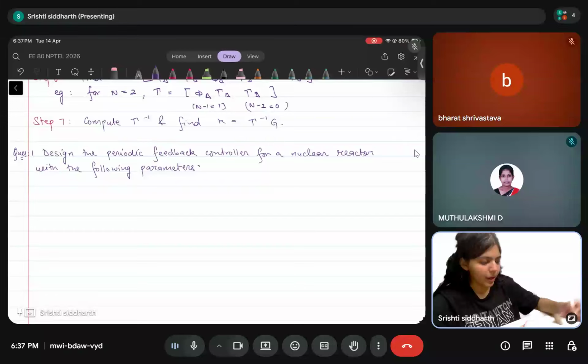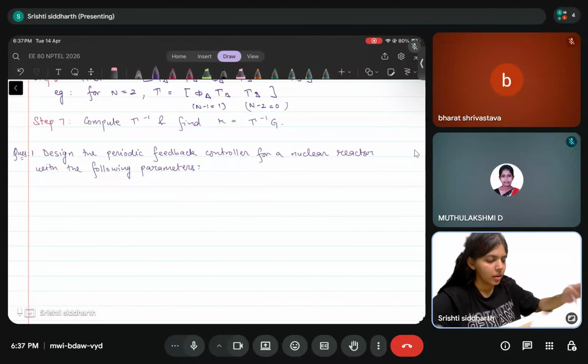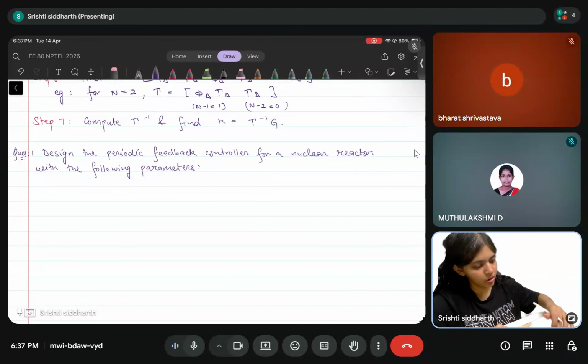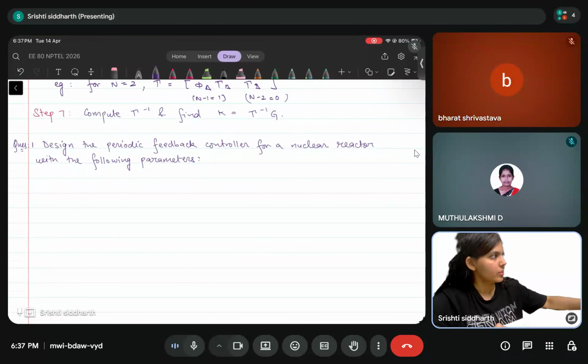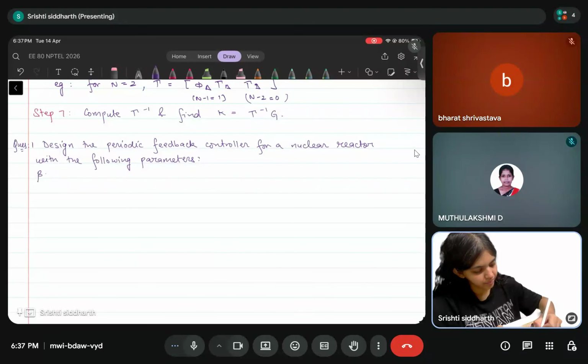So I'm going to write down the parameters. You have already found out the A and B matrices, and I'll write those down as well. So beta equals 0.005.